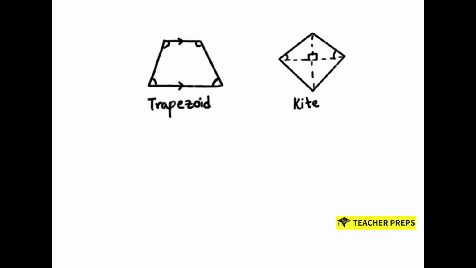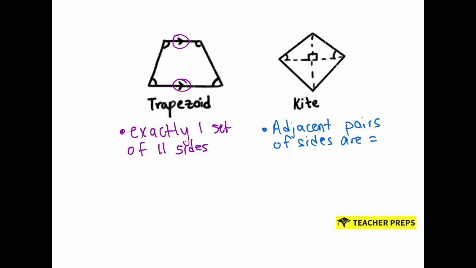Other than having four sides, trapezoids only have one rule. They only have one set of parallel sides. The rule for a kite is that adjacent pairs of sides are equal. If you notice, this blue side and this blue side are adjacent and they are equal. This red side and the other red side are adjacent and they are also equal.